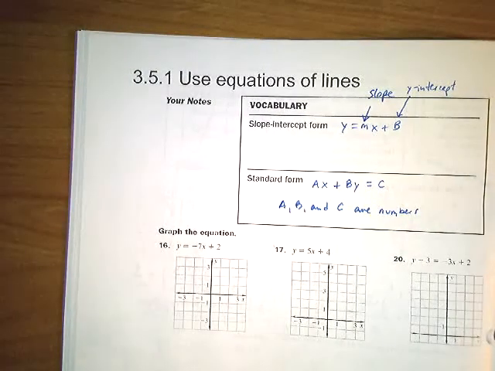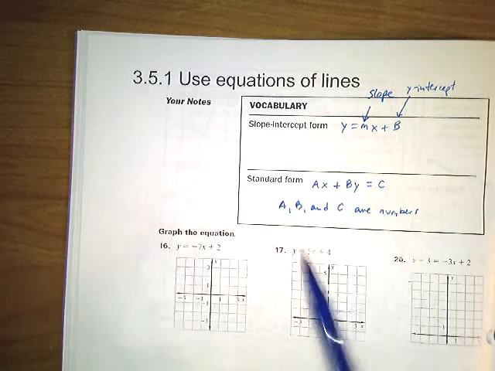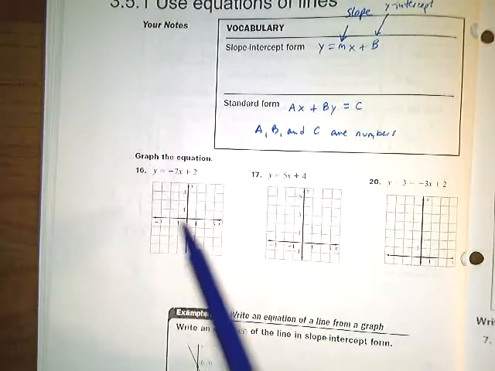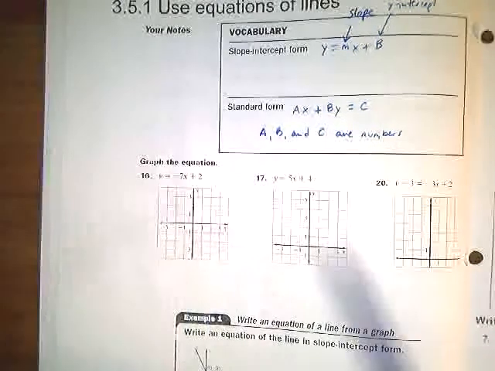Now, I don't believe in this section we're going to be using standard form. I think we're just mentioning it to let you know that there is more than one way to write the equation for a line. So, let's take a look at these equations.